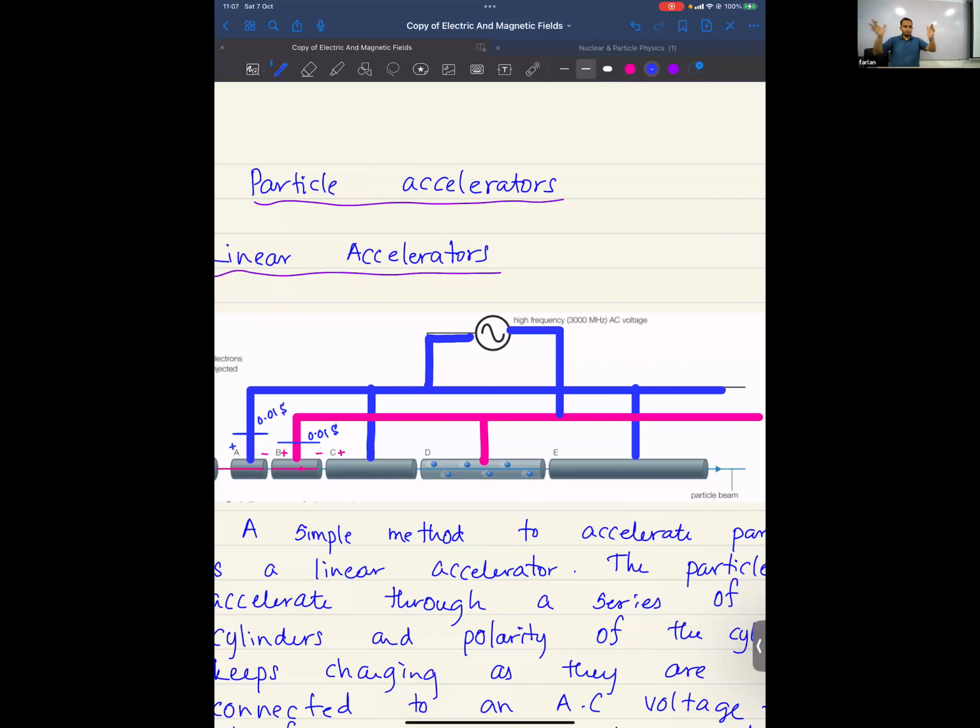So the lengths of the cylinders are chosen in such a way that syncing will properly happen. Understood? So the length will keep on increasing, because the distance traveled by the particles is keeping on increasing. That is what is explained in the note. You can read it again. This is what a linear accelerator is.